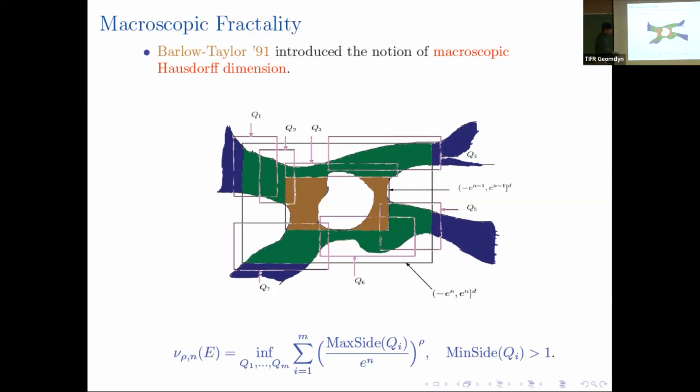You might notice that I'm introducing a new parameter rho here. It will play some role. One thing to notice is that if you keep increasing the value of rho, this whole thing is going to get towards 0.